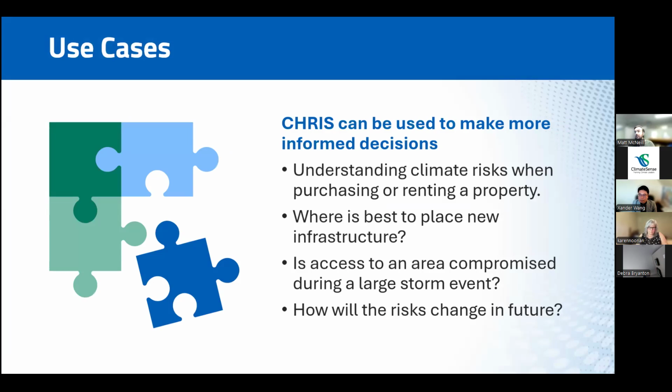As I mentioned, Chris was really designed to encourage people to make more informed decisions. A couple of examples might be when purchasing or renting a cottage, you could look at Chris and see if it's in a flood zone, or if it's in a coastal area, what the erosion rate there is.